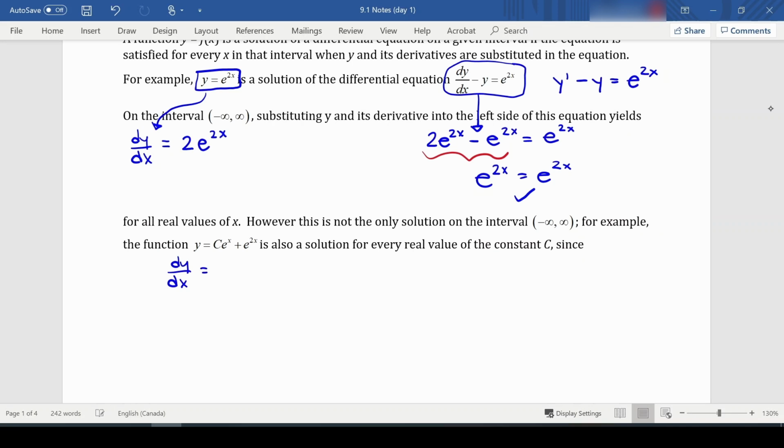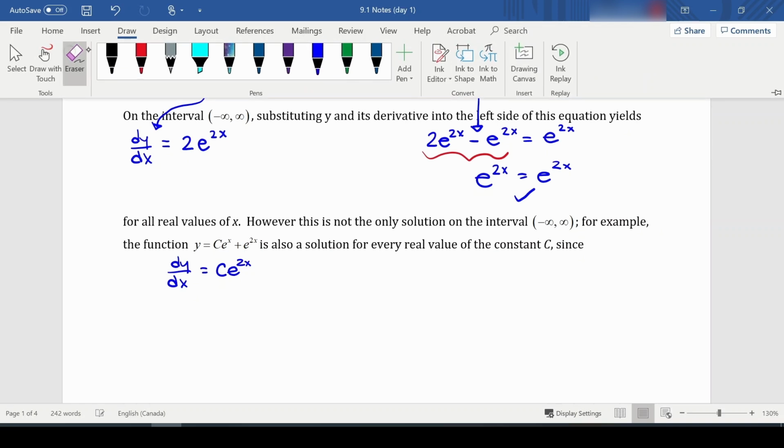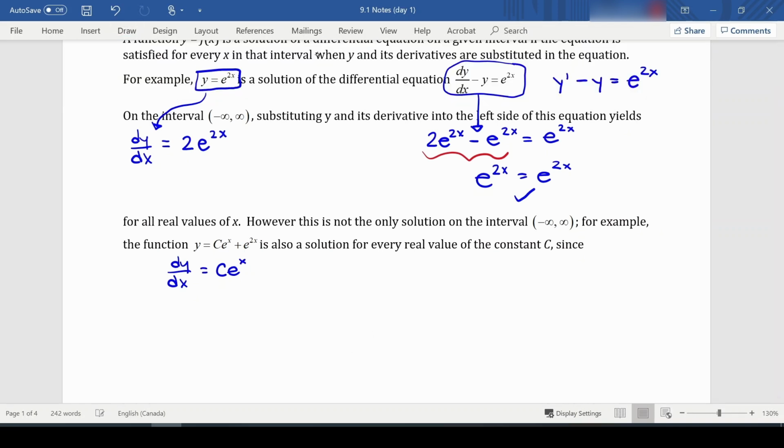If we do dy/dx, we're going to get c e to the x, not e to the 2x, c e to the x plus 2e to the 2x. That would be our derivative of our function y.